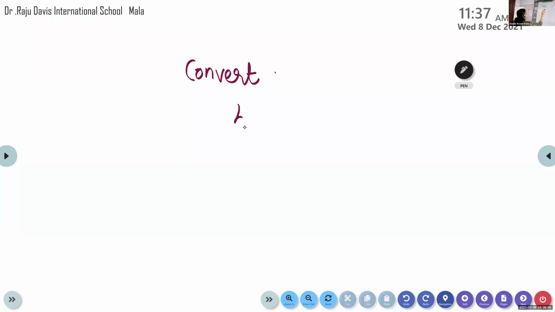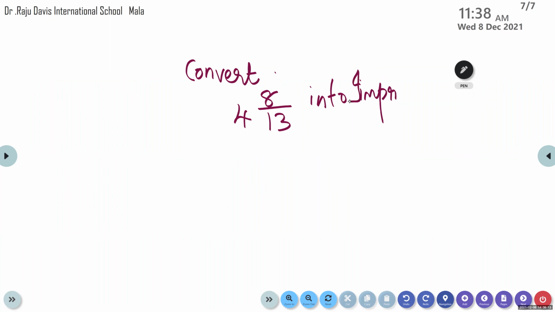Convert 4 and 8 by 13 into improper fraction.